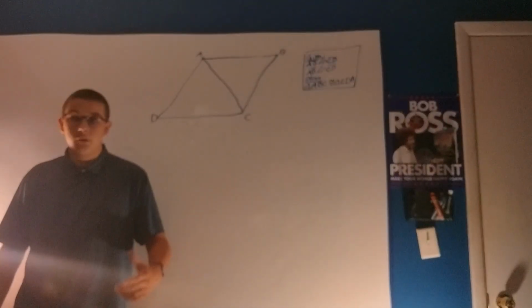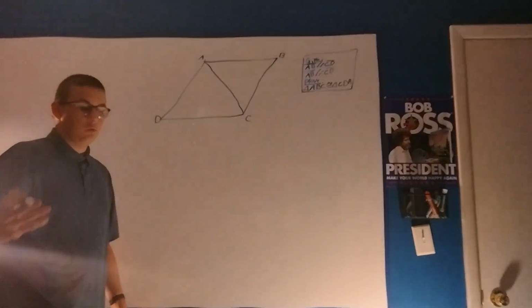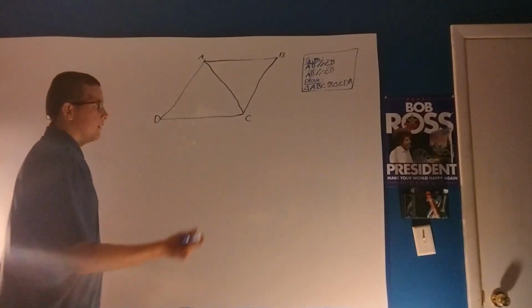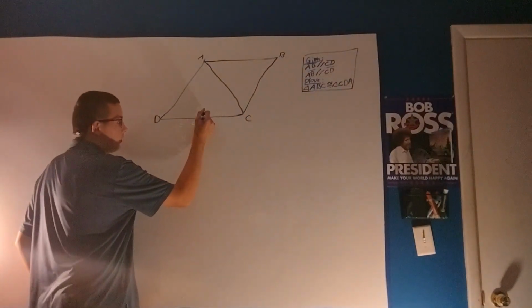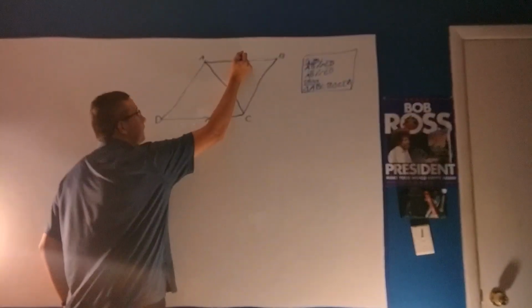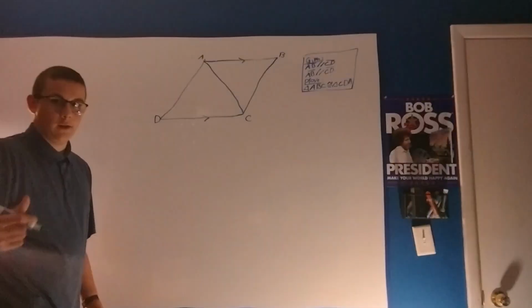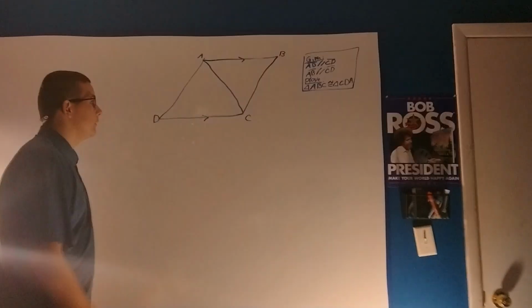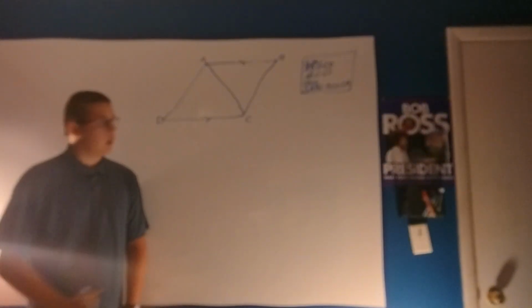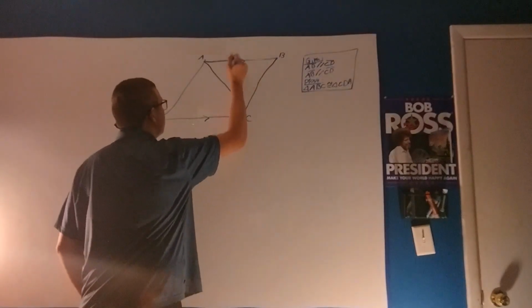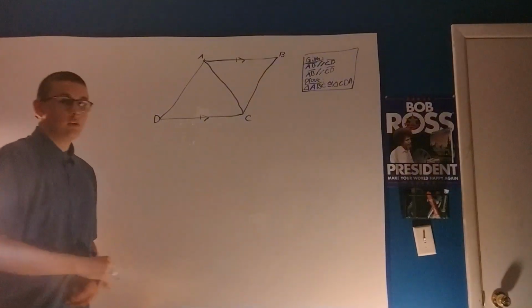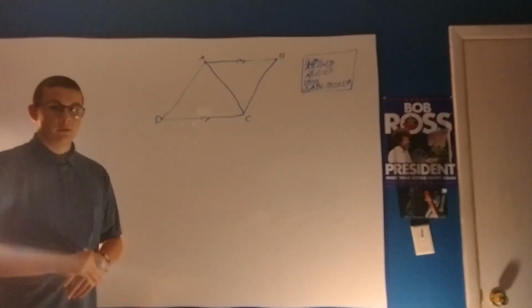And so first, I want to write out what we have here on our diagram. So first we know that this and this are going to be parallel. And we also know that this and this are going to be congruent with each other.